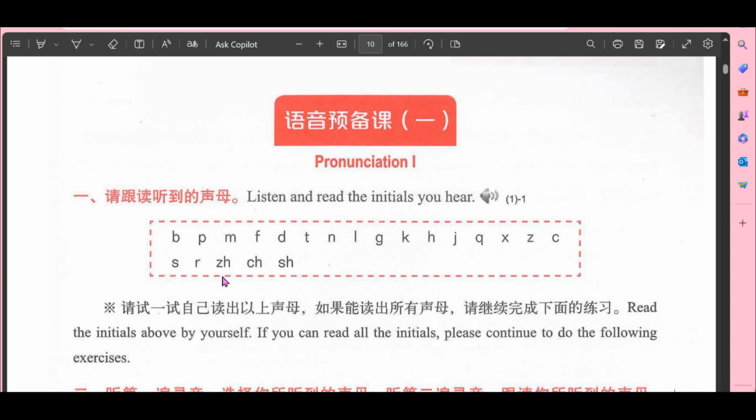Let's go again. Zhi, chi, shi. Okay, let's go again. Zi, ci, si. Okay, one last time before we have a little exercise to test your listening skills.